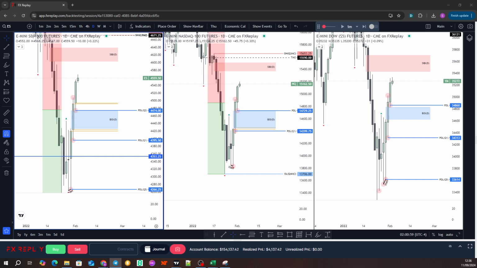I would need to see a high time frame cracking correlation at the lows, ideally below the true week open, to support such a trade idea. So that's that part.